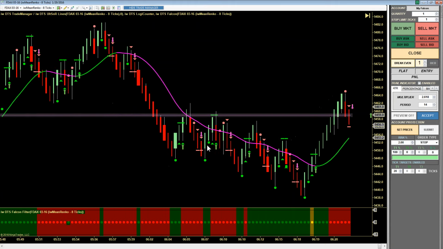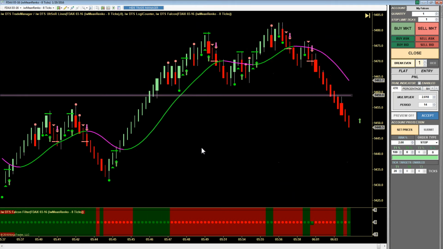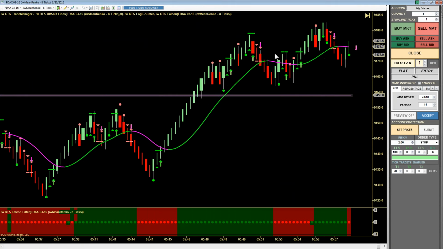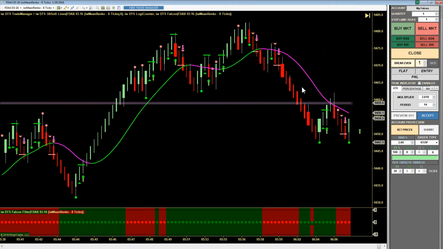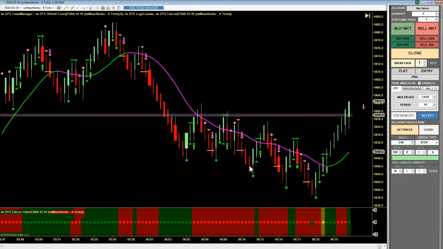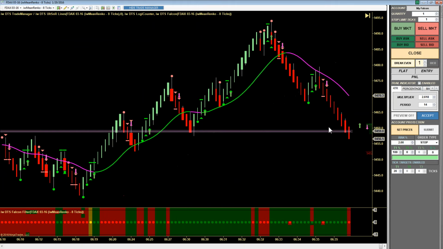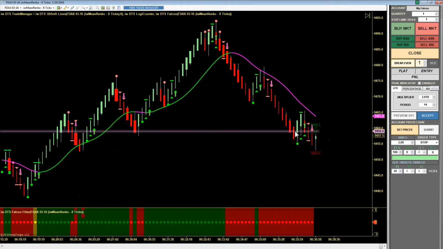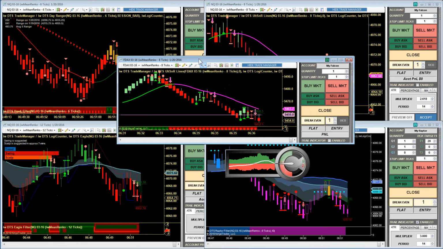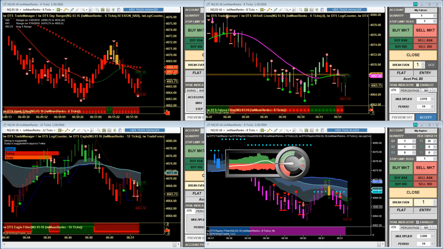And they actually do a pretty good job of containing the market for the most part. You can see the market did blow past the secondary support line here earlier, but it did find a little bit of support there. And here we are flirting with the line again. So there's the DAX on the Falcon.